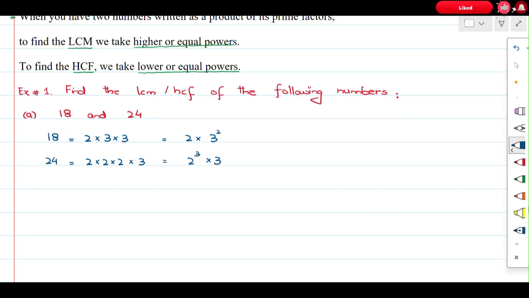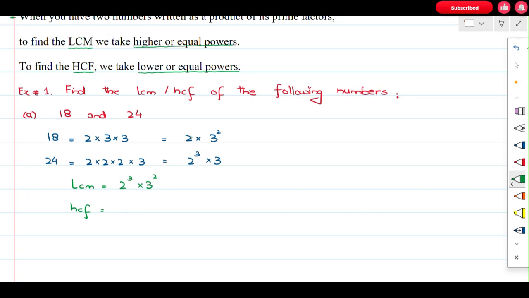Okay, now I'm going to tell you how to figure out the LCM and the HCF, right? So for LCM, we need to pick the higher or equal power, right? In these two, the higher power is 2 cube. In 3's, the highest power is 3 square. That is your LCM. And for HCF, we need to figure out the lower or equal power.